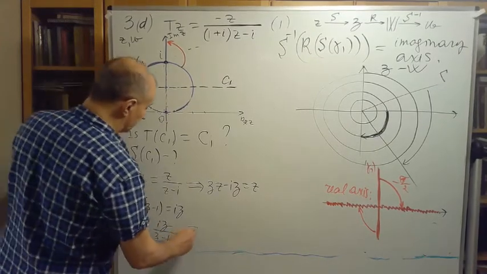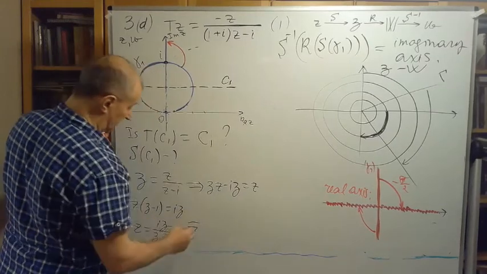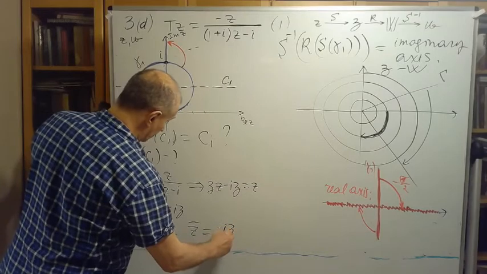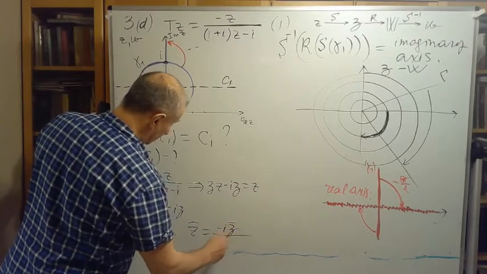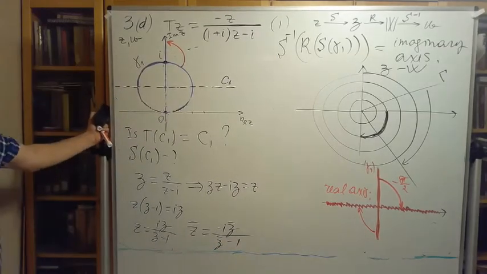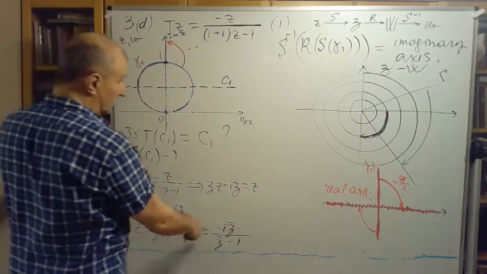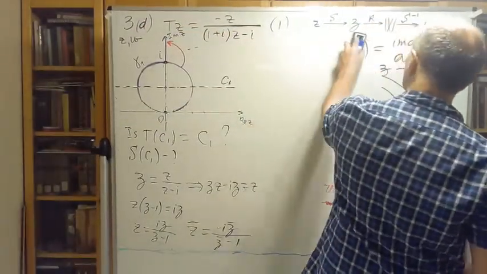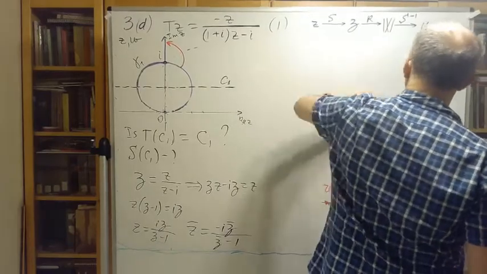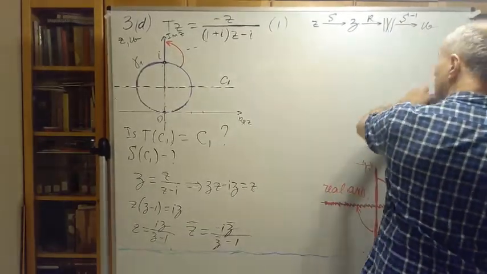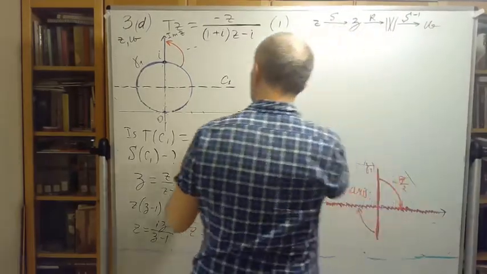We found it already once. I just repeat quickly. And z conjugate is negative i w conjugate divided by w conjugate minus 1. And we substitute these two into the equation of C1.